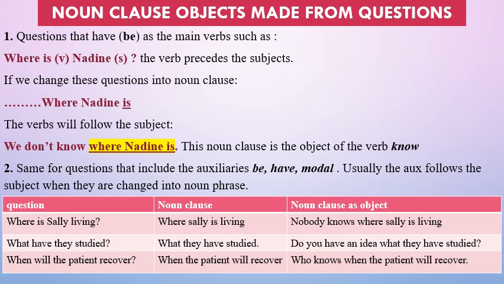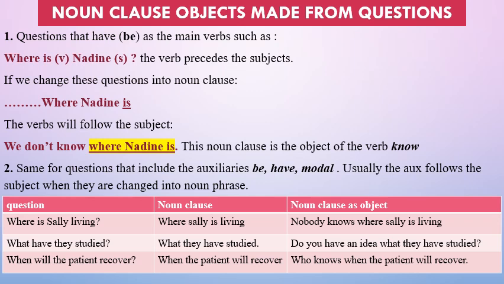Now, here in this sentence, is is the main verb and Nadine is the subject. Alright? The first step is to change this sentence into a noun clause. How? Because is is preceding the subject in questions, it changes position into after the subject. The sentence will turn to be where Nadine is.